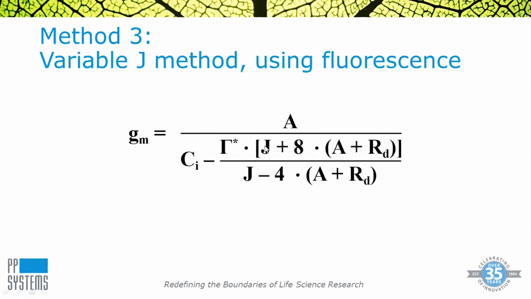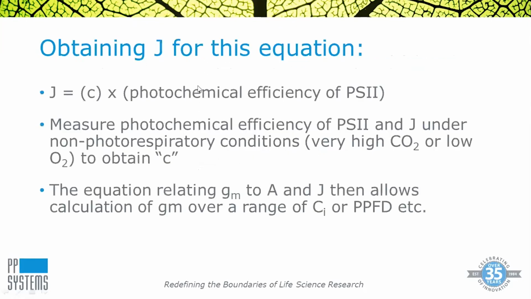The trick in this one is using fluorescence to calculate J. Fluorescence will do that, but we need to know the photochemical efficiency of photosystem 2 under non-photorespiratory conditions, which means either very high CO2, like 2,000 parts per million, or low oxygen, like 2%.